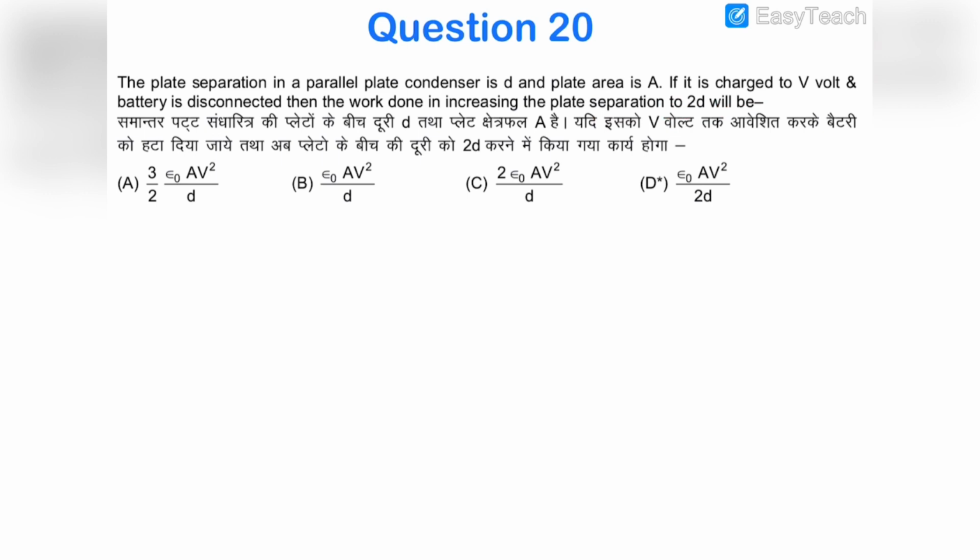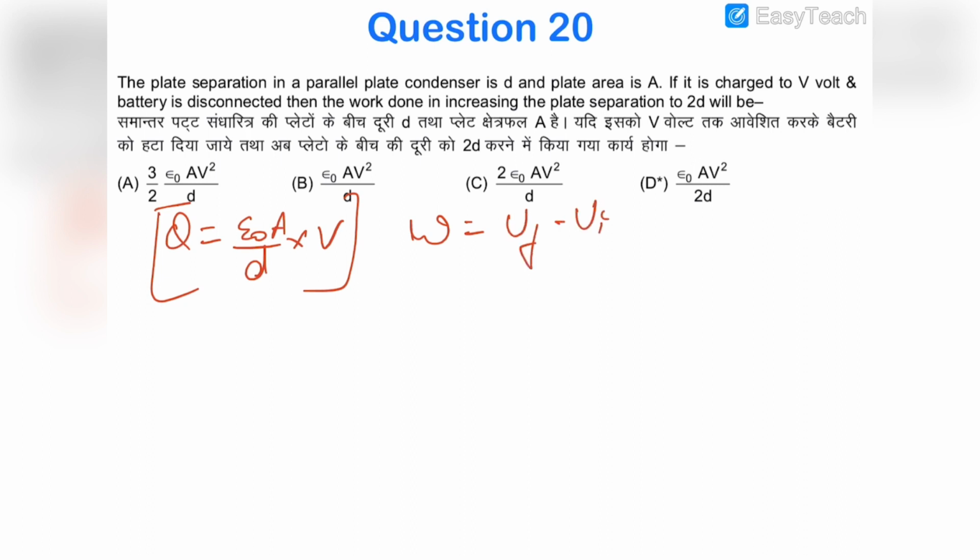Now we know that if plate separation initially was D and plate area was A, so Q stored initially would be epsilon naught A by D into V. And now we have removed the battery, so Q would become constant. So work done would be equal to the change in energy of the capacitor, so U final minus U initial.